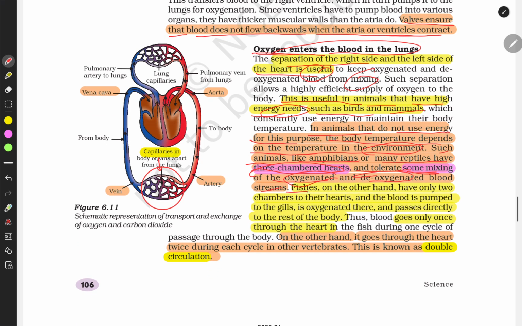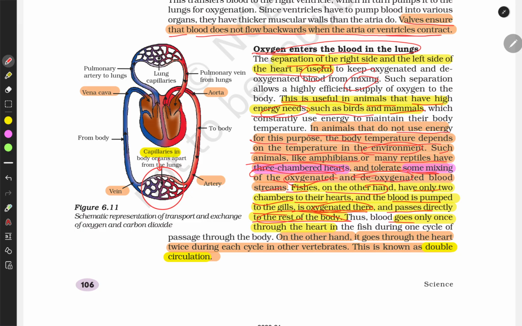Fish, on the other hand, have only a two-chambered heart, and the blood is pumped to the gills, is oxygenated here, and passes directly to the rest of the body.